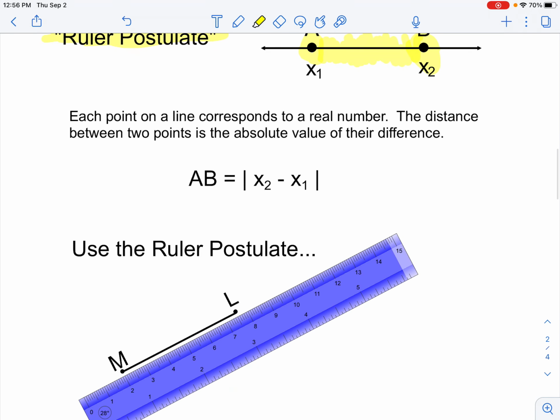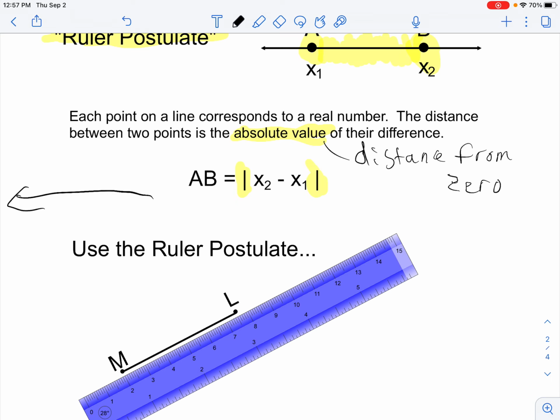So again, if we take our 2 points and subtract them, we'll get the distance. Now, we have to use absolute value, which are these bars, because distances are never negative. All absolute value means is distance from 0. So let's do a number line. Here's 0, here's 1, here's 2, here's 0, here's -1, -2.